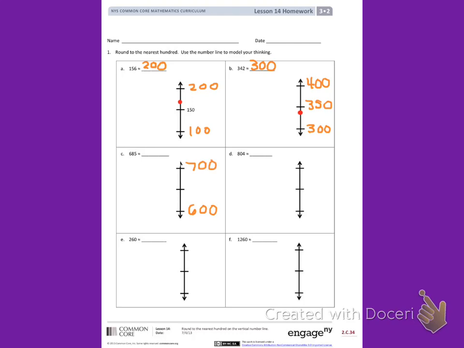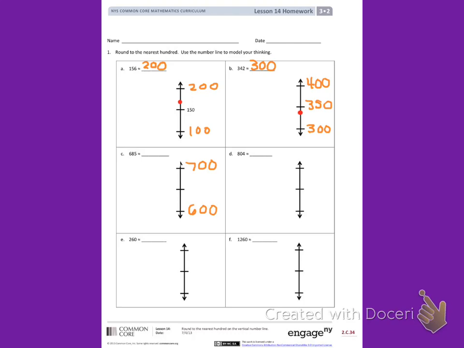Now you figure out what the halfway point is and label it. Then plot your number on the vertical number line and decide which number it's closest to, 600 or 700. Then write it on the answer line for item C. Do the same with each of the following problems, D, E, and F.